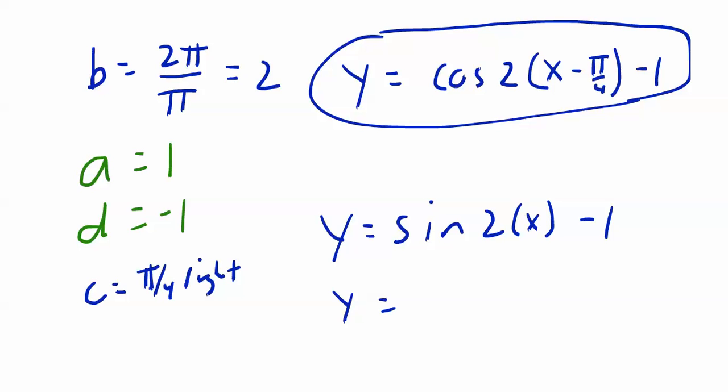You could have just written y equals sine 2x minus 1, with parentheses if you want. Either one of those two is an okay equation to write. So no horizontal shift at all for the sine graph because it started right on the midline. Some people really like to use cosine because it's just easier to find the max than it is to find maybe the midline, but both will work for you.